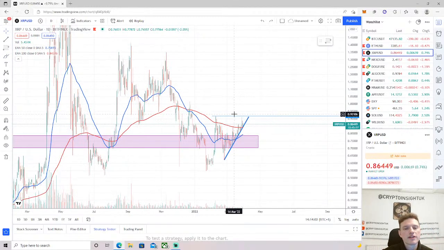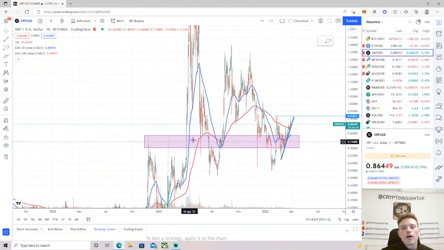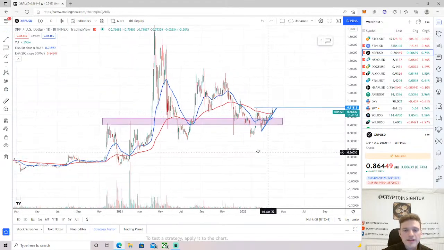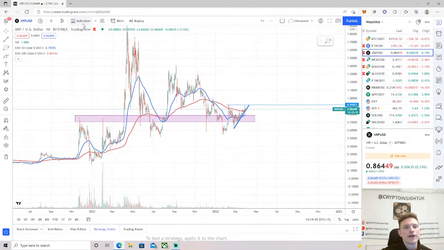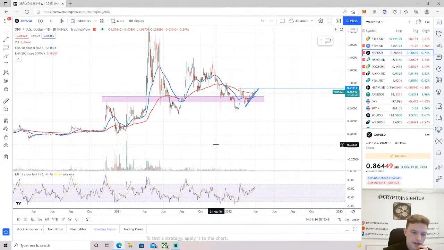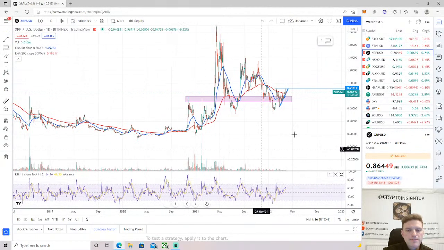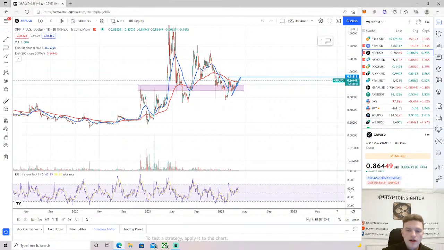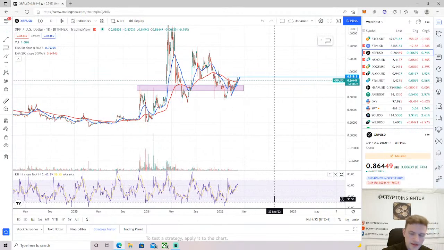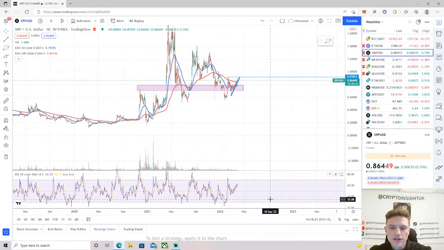So now we've got moving averages, we've got volume, we've got areas of support and resistance. And the next thing I'm just going to add, which I've been using a bit more recently because I do quite like it, is the relative strength index, especially since it's been updated. This basically tells you the strength of the chart, the buying and selling pressures of the chart.